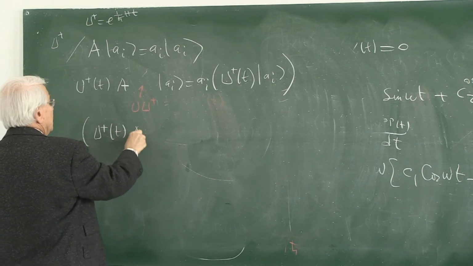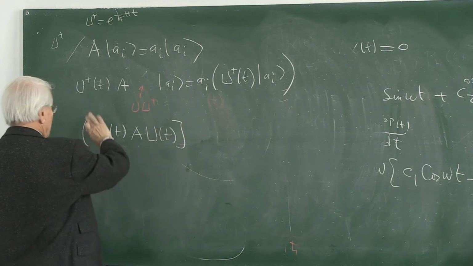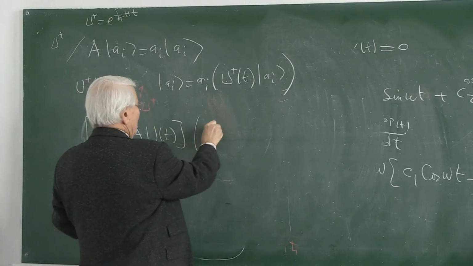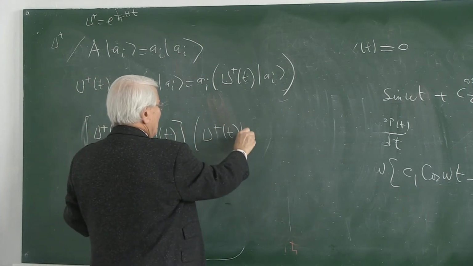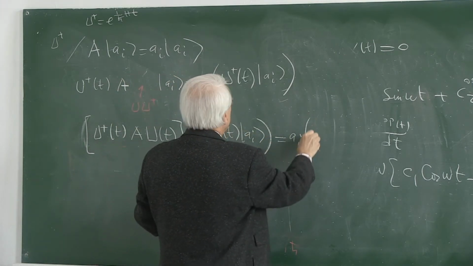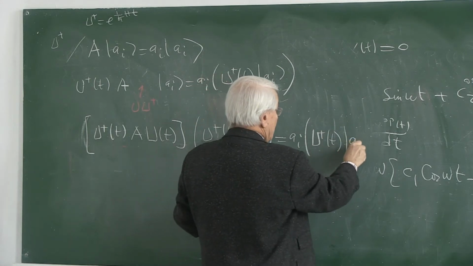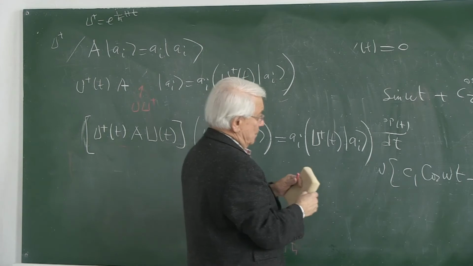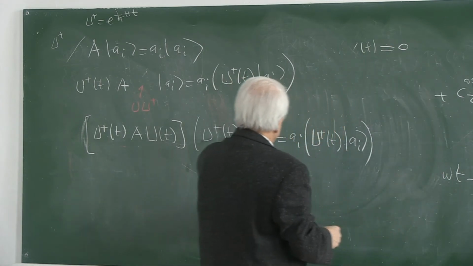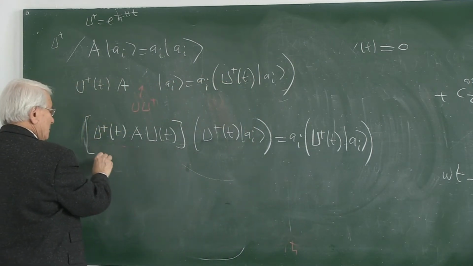You are multiplying with an identity, right? What is this?